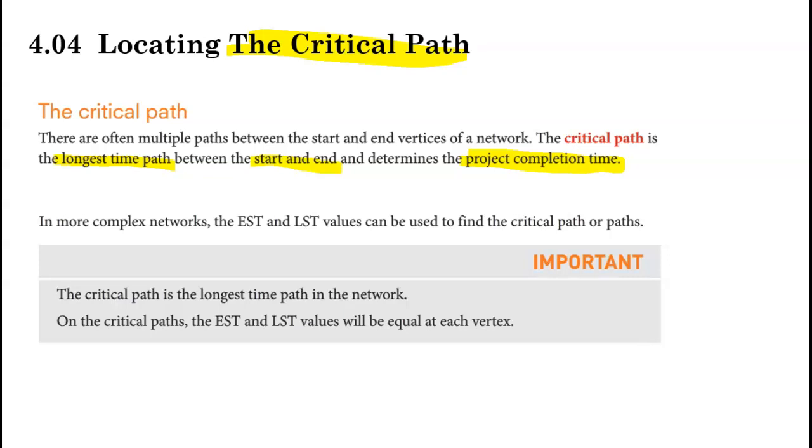Now, why are we actually looking at the longest time path? For example, if you are looking at a project, the project of building the MRT network. So let's say you are the contractor, you're trying to build the MRT network and you're trying to tender for the project.